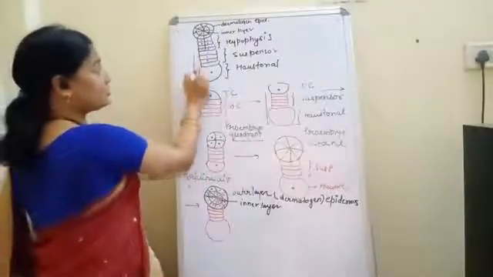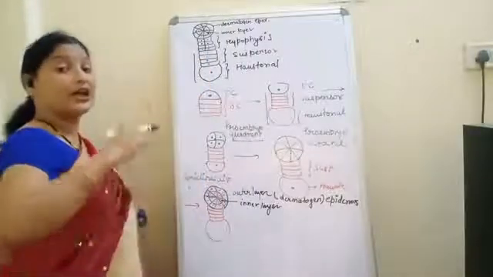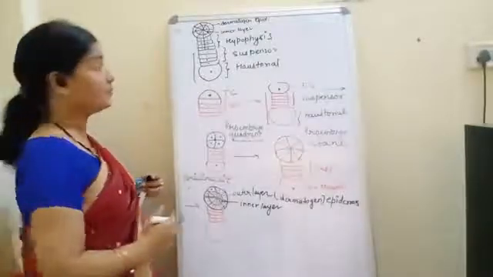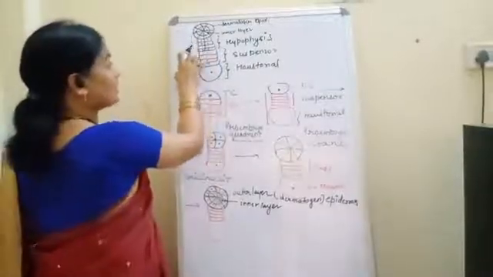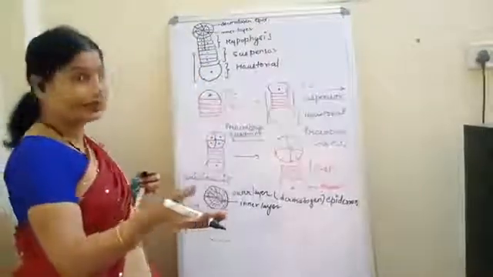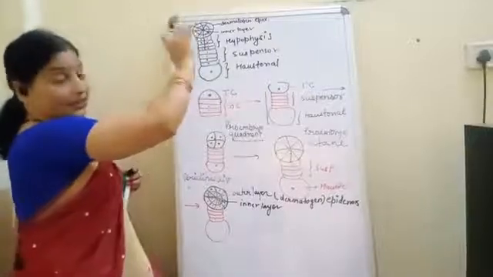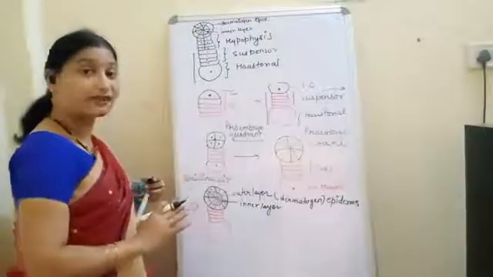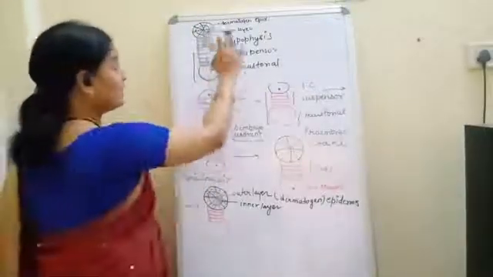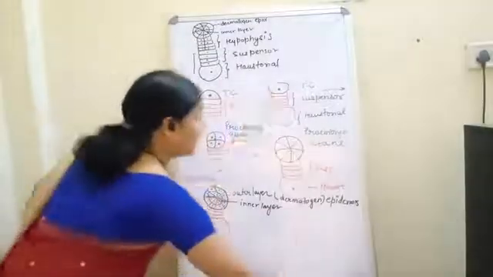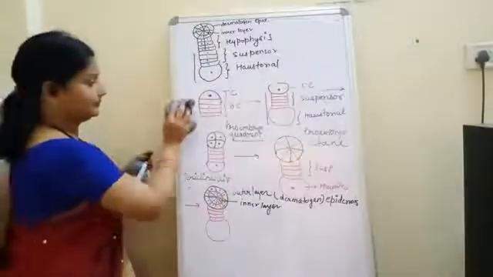The function of these two is to provide nourishment and push the embryo towards the endosperm. This hypophysis will give rise to something else, and this octant will give rise to something else, that is the part of the embryo. Now we will see the structure. I am again erasing all these things.